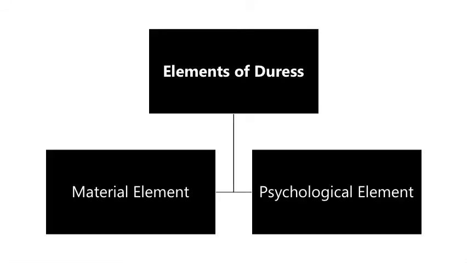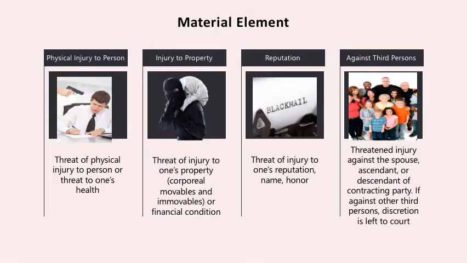So like fraud, the elements of duress are a material element and a psychological element. When we look to the material element, we look to what the party inducing duress actually did and if their actions constituted duress. Different ways that a party may induce duress is to threaten physical injury to a person or a threat to one's health.